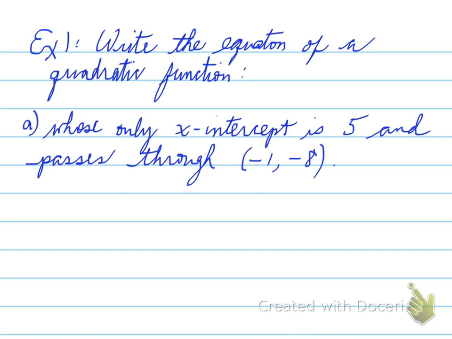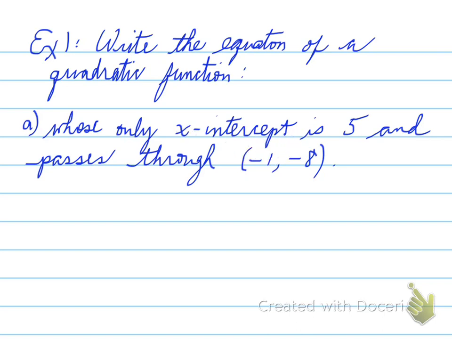If you have a quadratic that has only one x-intercept, you should remember from the previous lesson that the x-intercept, being only one, would also be the vertex. So in this case, you're given one x-intercept, and that's 5. So (5, 0) is our vertex, and we're given another point.